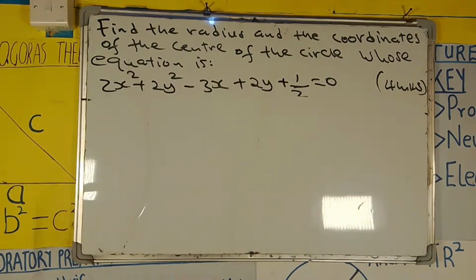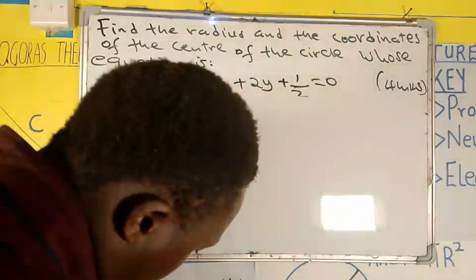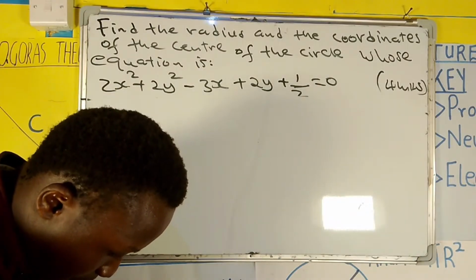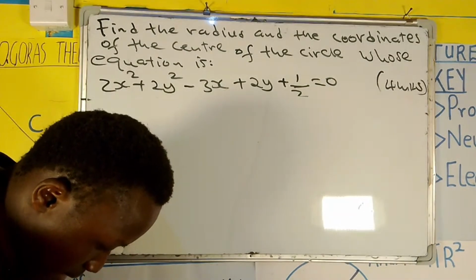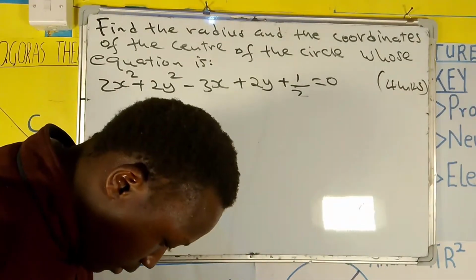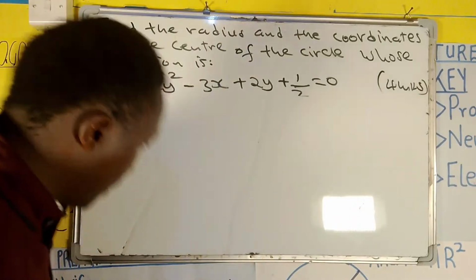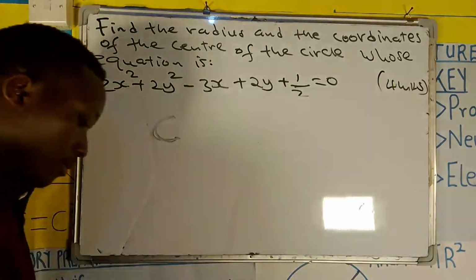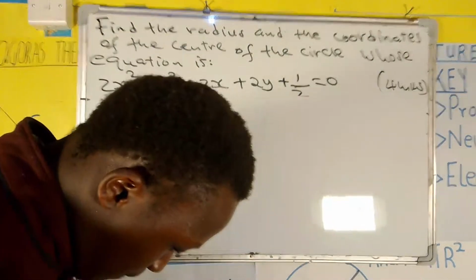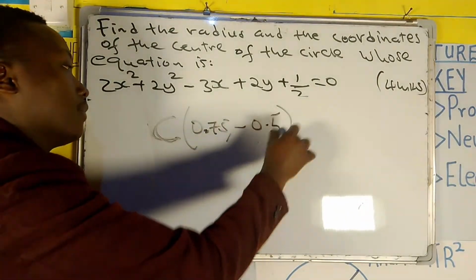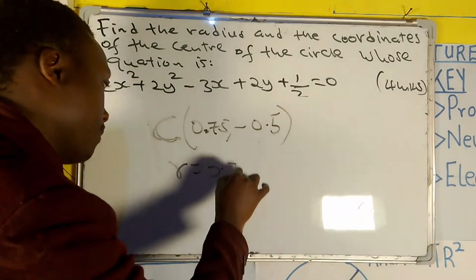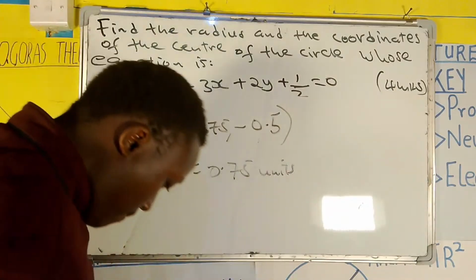What is the answer? Leila, the answer to that question is, let me give you now. The answer is, center is 0.75, negative 0.5, and the radius is 0.75 units.